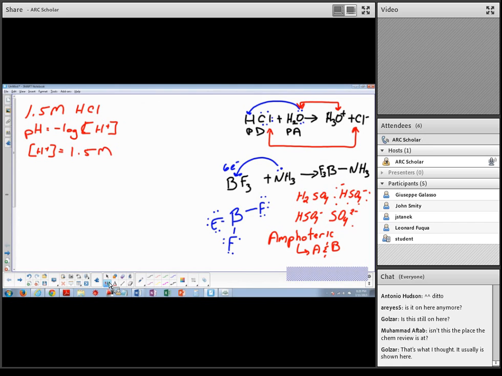Remember, we know that because of complete dissociation. All of that breaks up, so that's all that we have. So negative log of 1.5. Anyone have a calculator on?